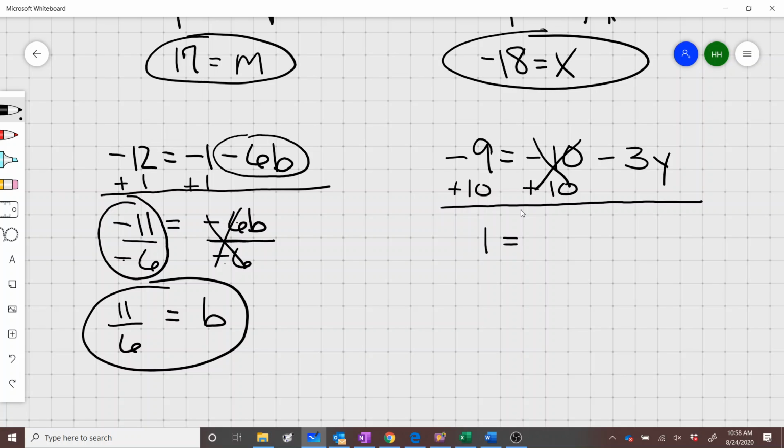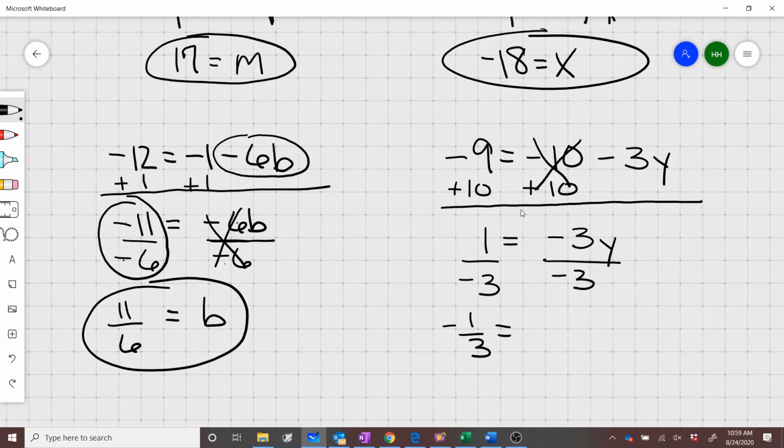Your negative 3y comes down. You divide both sides by negative 3 now. On the left-hand side of the equal sign, we get negative 1/3.